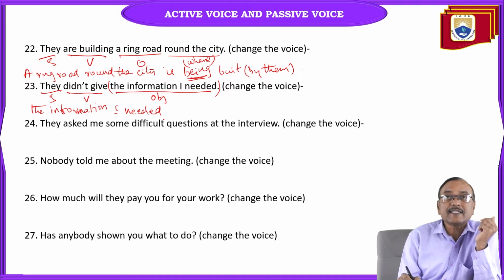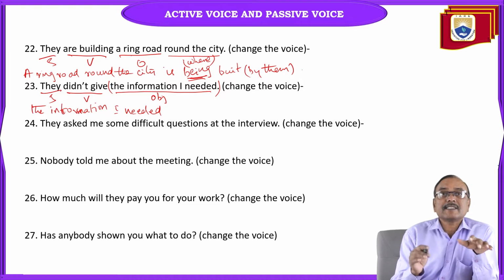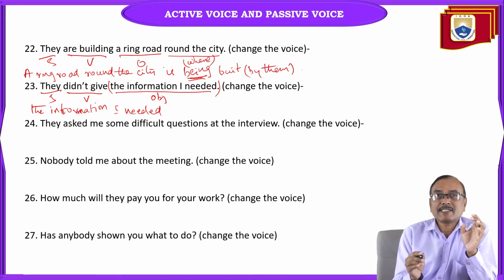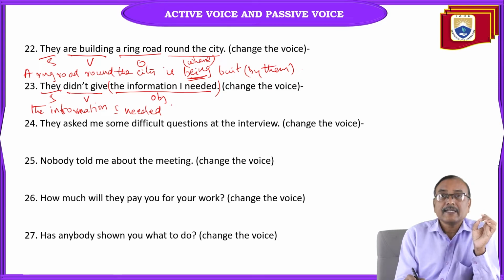Didn't give is the past tense. So in past tense, what is the passive helping verb in passive voice? For past tense, the passive helping verb is was. The information I needed was, okay, negative, not given, okay, by them.